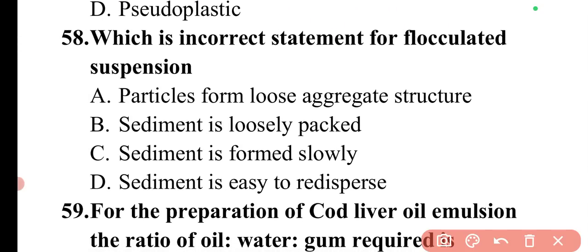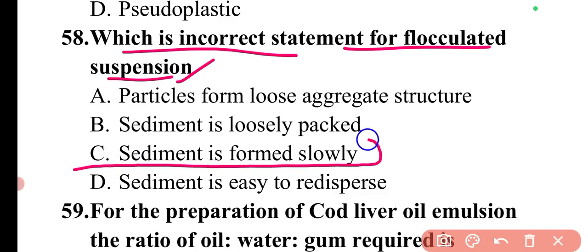Next question is, which is the incorrect statement for flocculated suspension? We need to identify the incorrect statement for flocculated suspensions. For flocculated suspension, the sediment is formed slowly, meaning the rate of sedimentation is high.